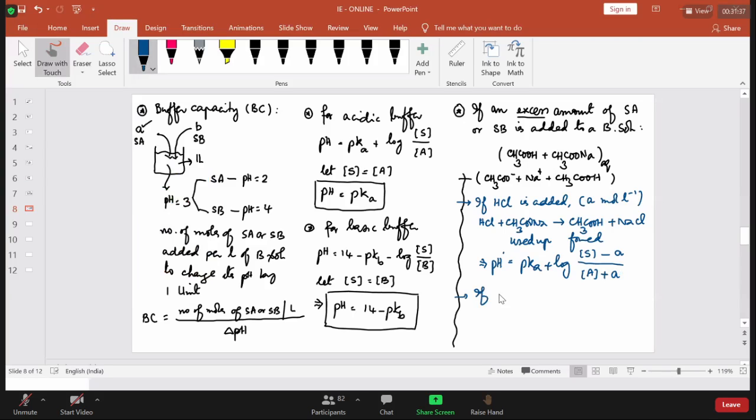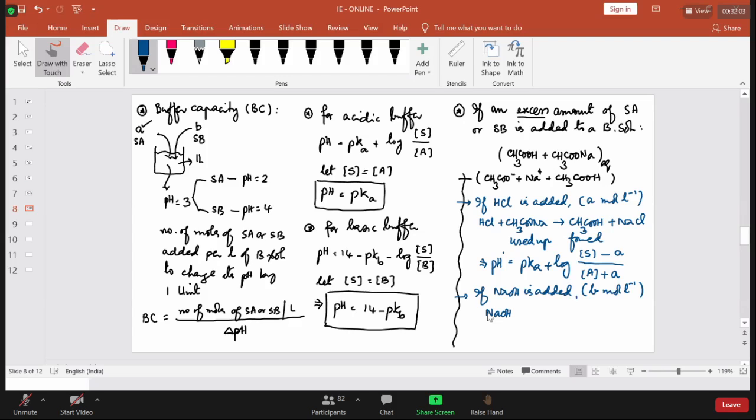Suppose, for example, a strong base is added, sodium hydroxide is added. How many moles? B moles per liter. Base, B moles, acid, A moles. Then what happens? One sodium hydroxide goes inside, and acetic acid says, come on, come with me, I am an acid, you are a base, let us enjoy a game, right? Whereas sodium acetate says, I am also a base, you are also a base, we cannot have a pleasant life.